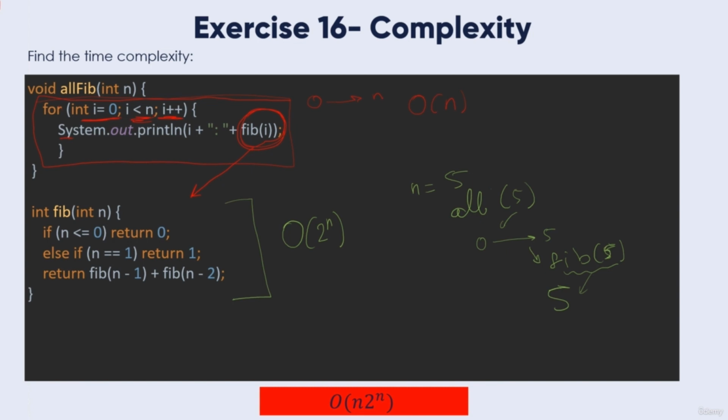So Fibonacci 5 is equal to 5. Therefore, since we depend on the n of the loop and the n in the Fibonacci, we have 2^n for Fibonacci and n for the loop. Multiplying them together will result in n times 2 to the power n.